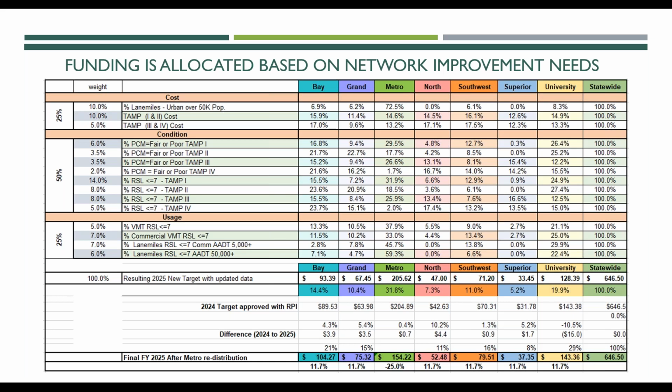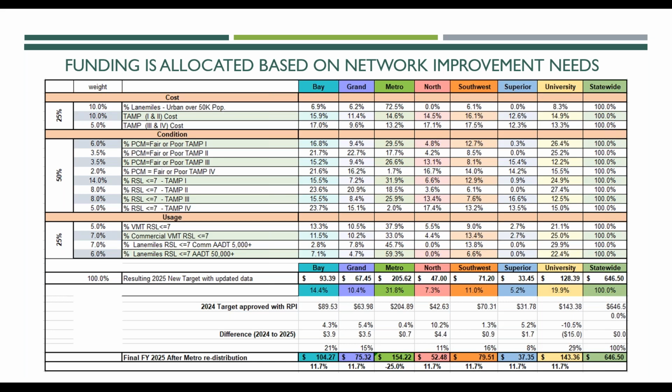And actually, this is something that we've had to incorporate the TAMP into. This funding formula existed prior to the TAMP. We added it because we wanted a data-driven way to explain how the money was being divided, so that it wasn't a black box to people, or open to any sort of political manipulation.